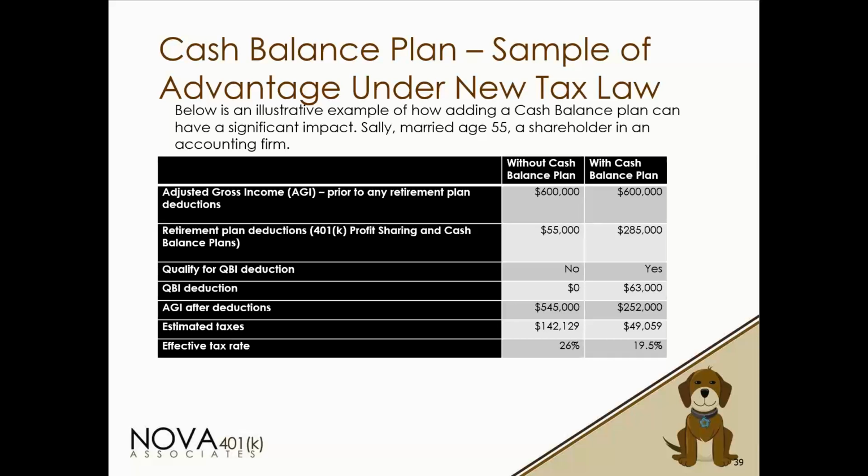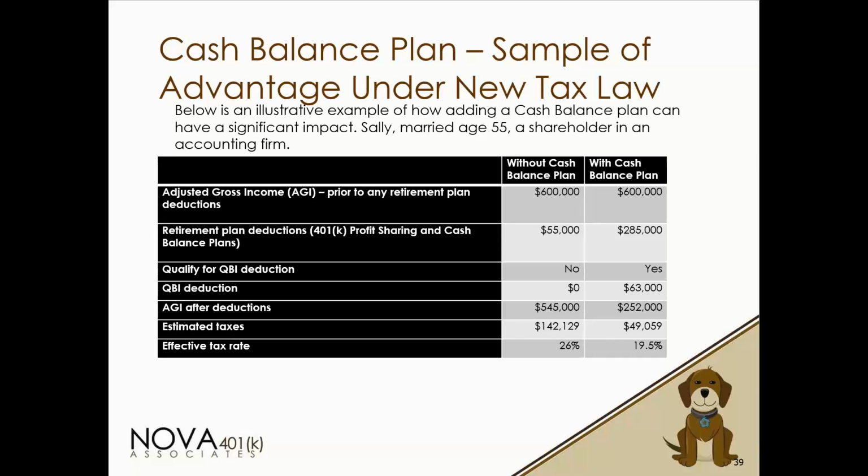With the cash balance plan, the deduction is $285,000. Adjusted gross income after deductions: $545,000 without the cash balance, $252,000 with the cash balance. And you see the difference in estimated taxes is almost $100,000. So that's a pretty darn big win.